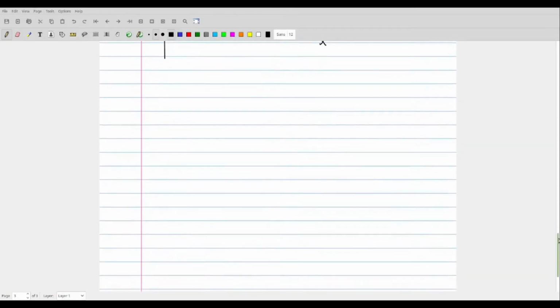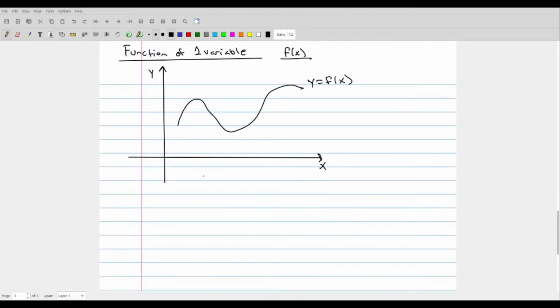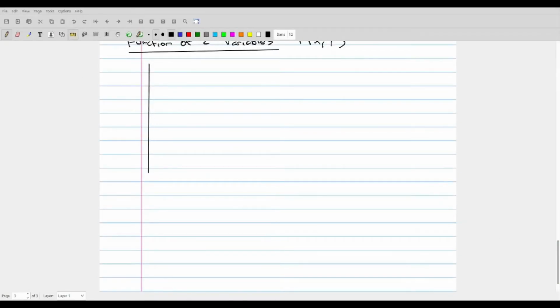If you have a function of two variables, or f of x comma y, we've seen that it's possible to visualize the function of two variables very nicely by using three perpendicular axes: an x-axis, a y-axis, and a z-axis, and then plotting out, for every given point in the xy plane, the value of the function.